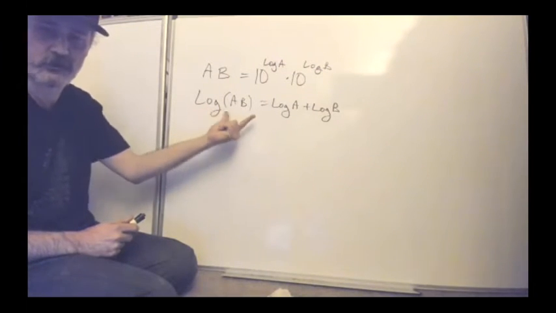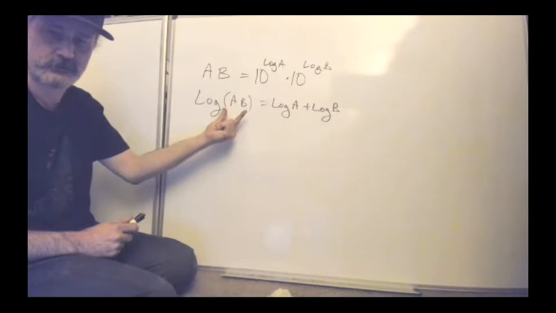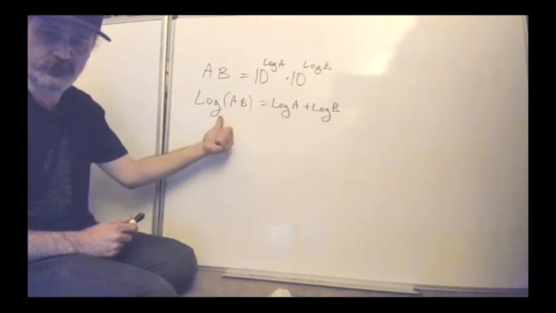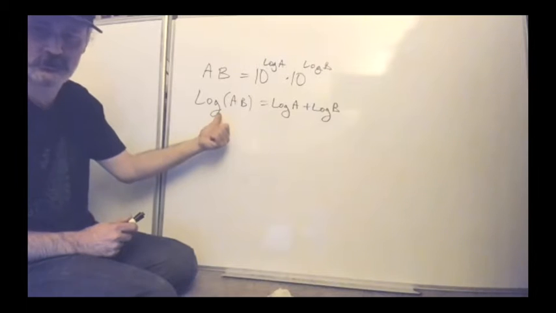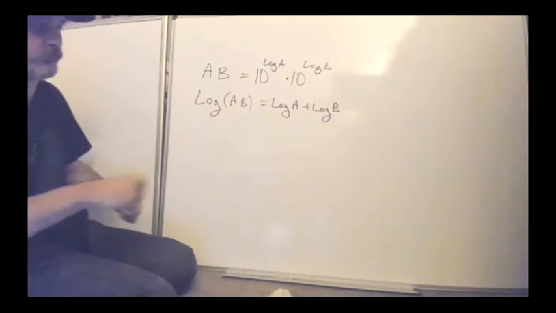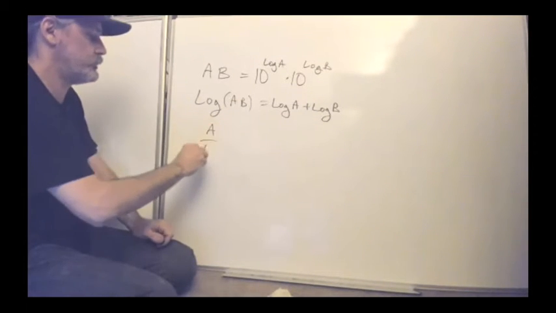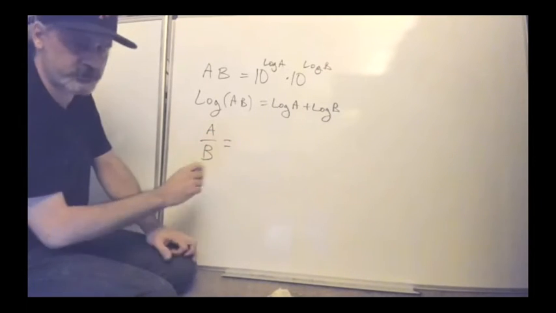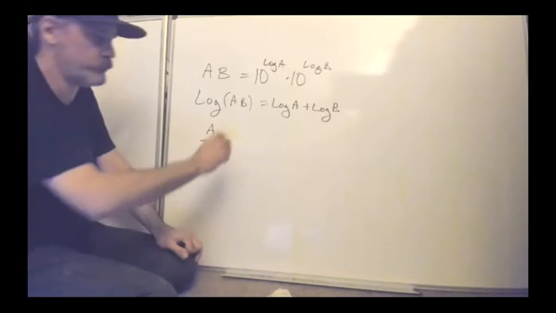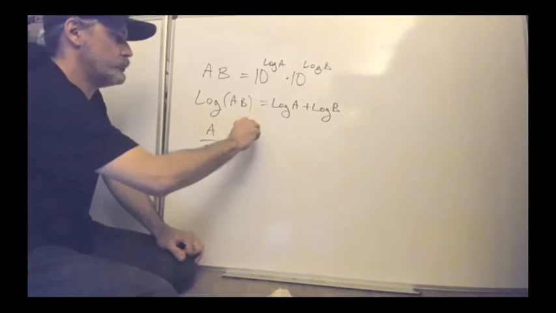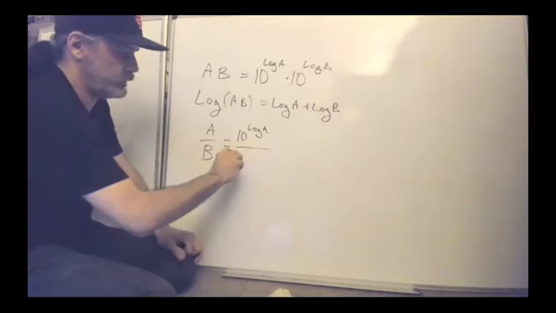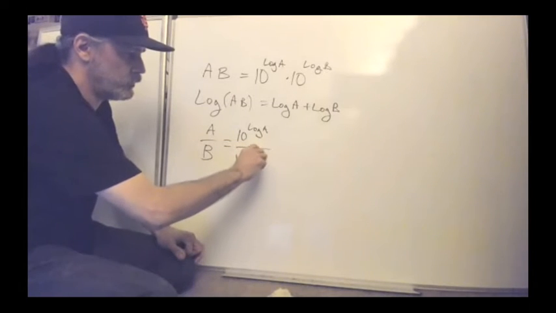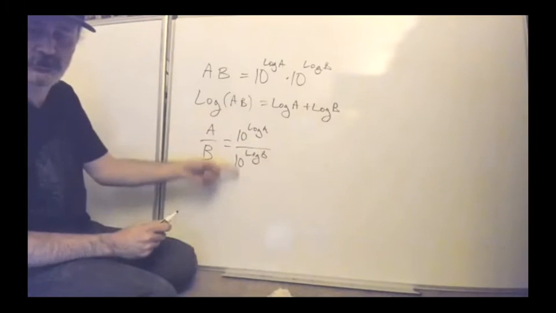When you log something, you're actually converting it to base 10 and using those exponents. Now, if you logged it with a different base, you're converting to that base and using those exponents. So this is really why that property exists. Same thing here. If we just converted these to whatever base, and I'm just using base 10 because it's common. That's why we call it common logarithm. Well, we need to change and use the logs, and notice when you have a quotient, you subtract the exponents.